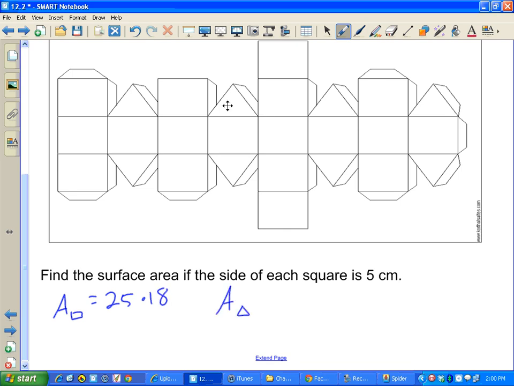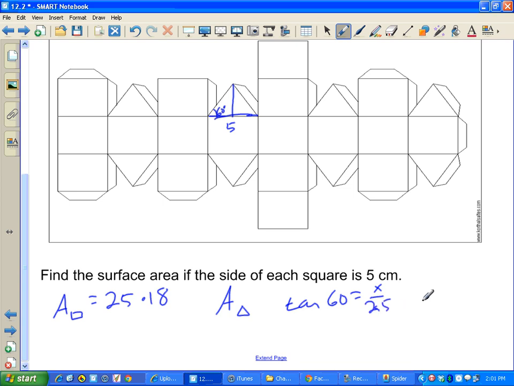The area of each triangle, since this is 5, and these are regular triangles, this would be 60 degrees. I need to find my height. So I'm going to do the tangent of 60 equals my height over 2.5.